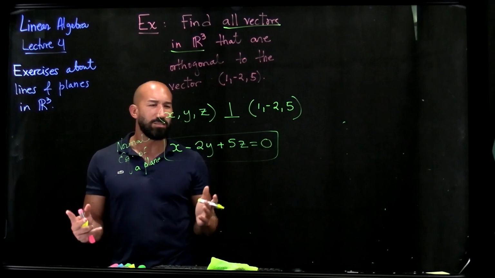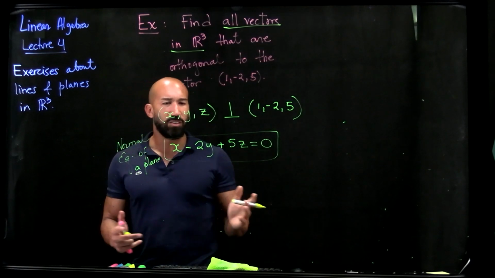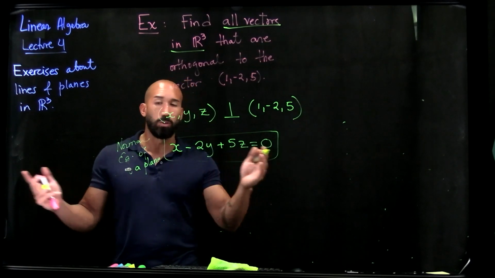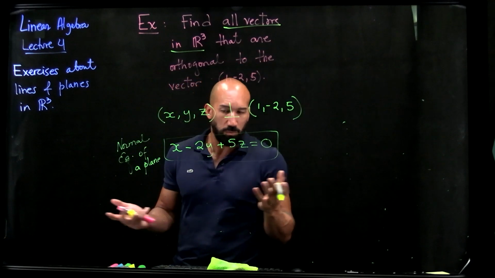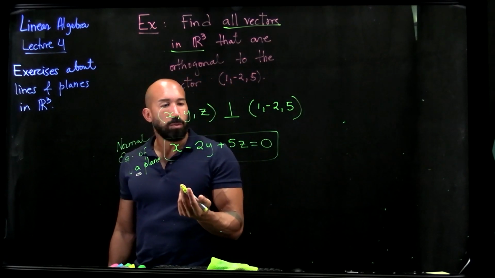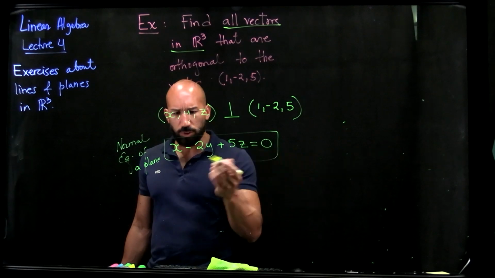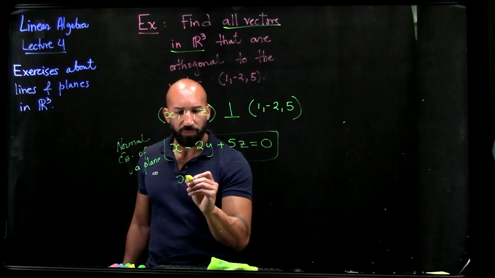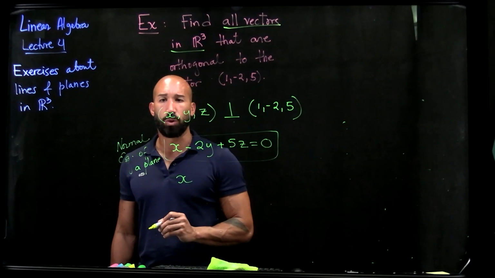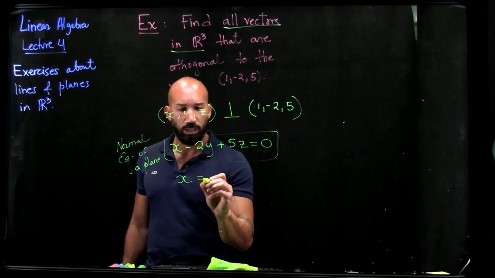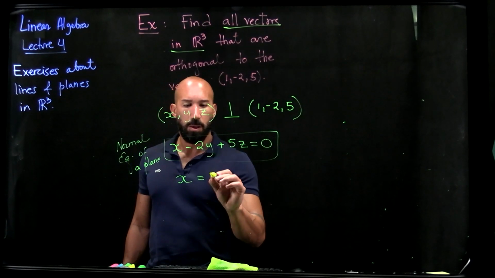But to generate vectors, we have other equations that may be more intuitive. Obviously, you can do something like this: let me solve this equation for one of the variables.